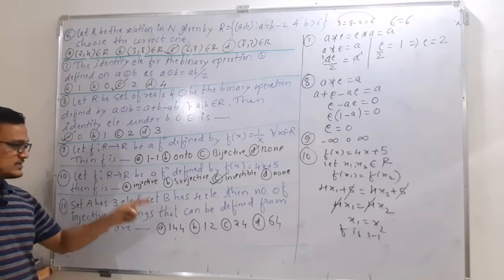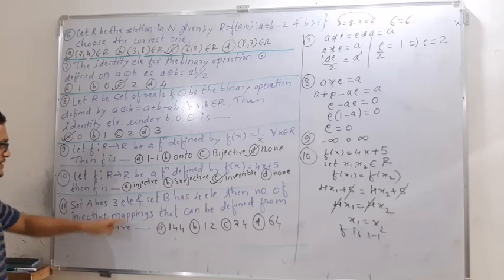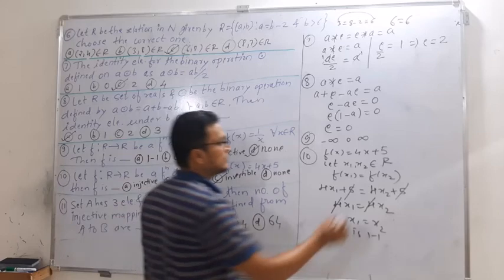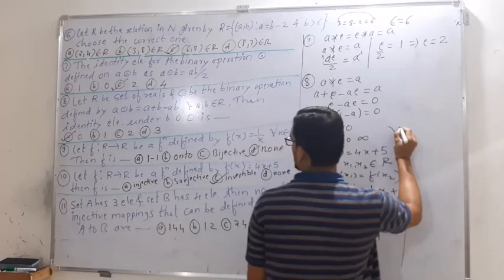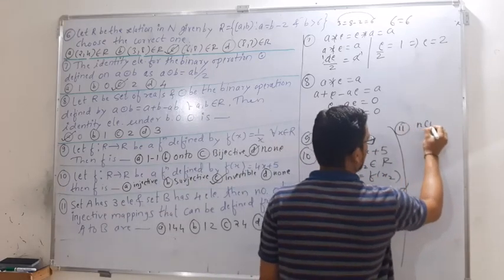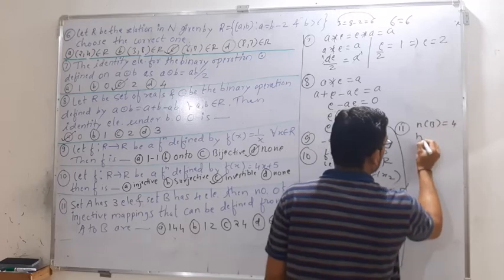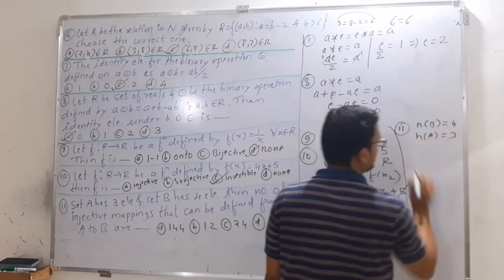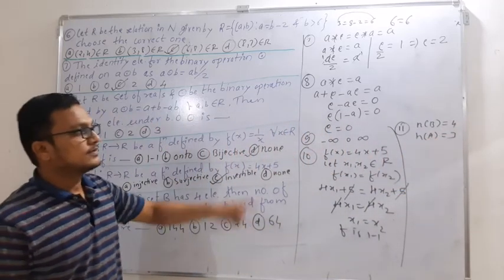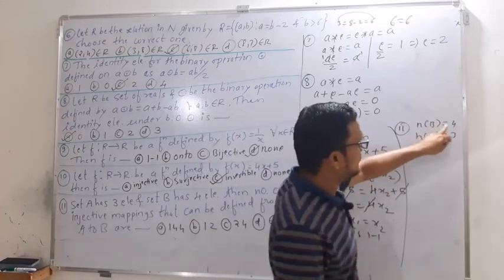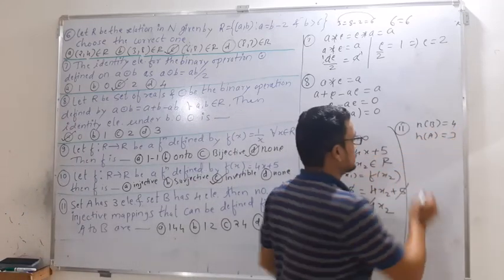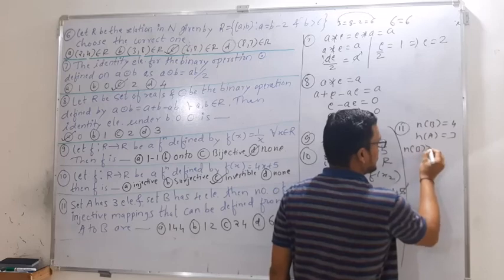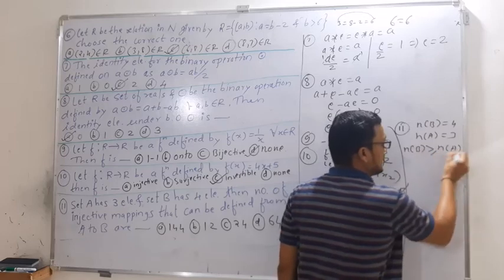Now from those points one result is useful here. See, I will write here, question number 11. So n of B is 4, n of A is 3. Okay, then we have the condition. So which condition? n of B is greater than or equal to n of A.